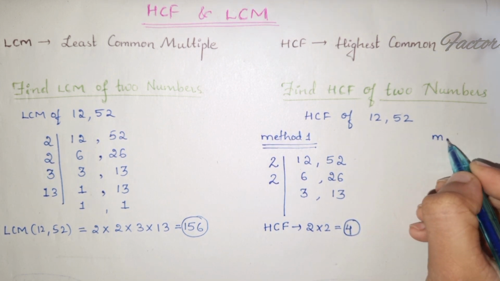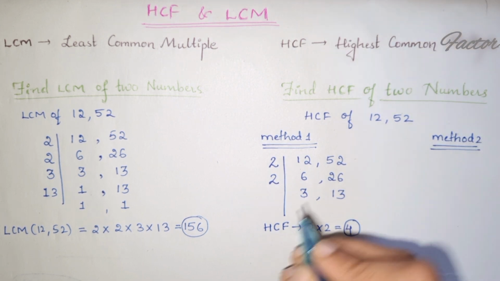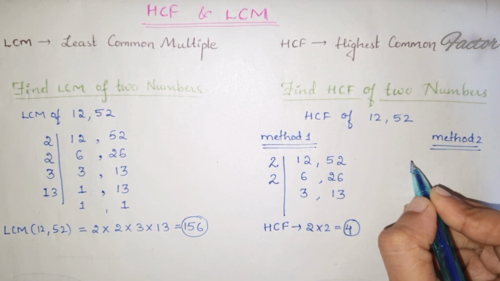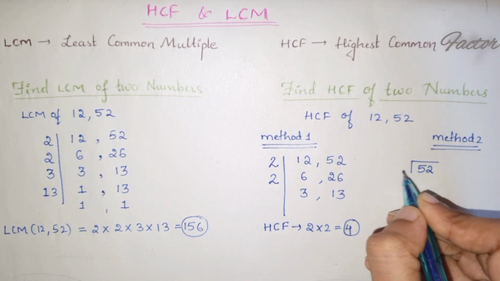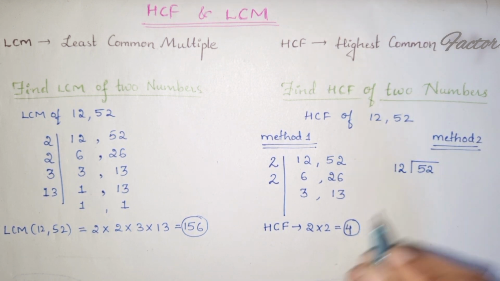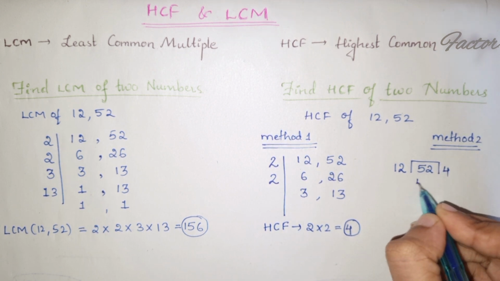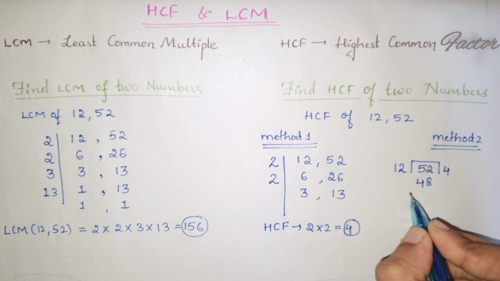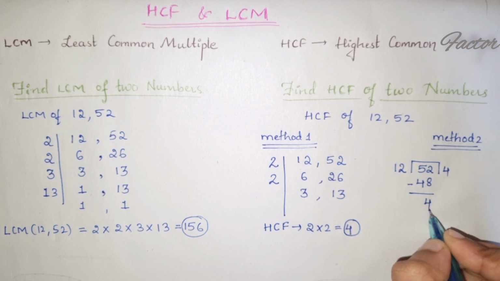The next method is we need to do normal division. Here I will write the bigger number inside and we'll divide it by 12. 12 4s are 48. When we subtract it, we'll get remainder as 4.